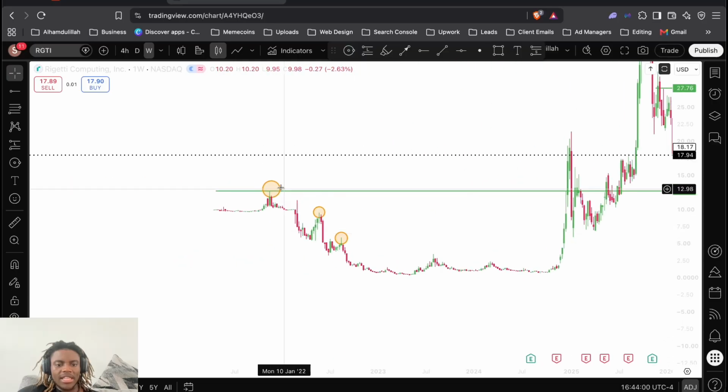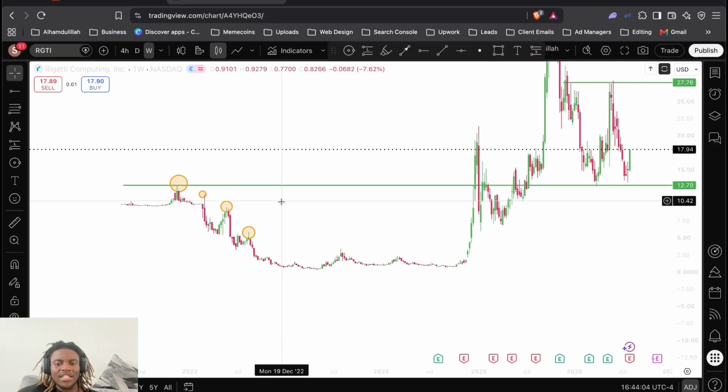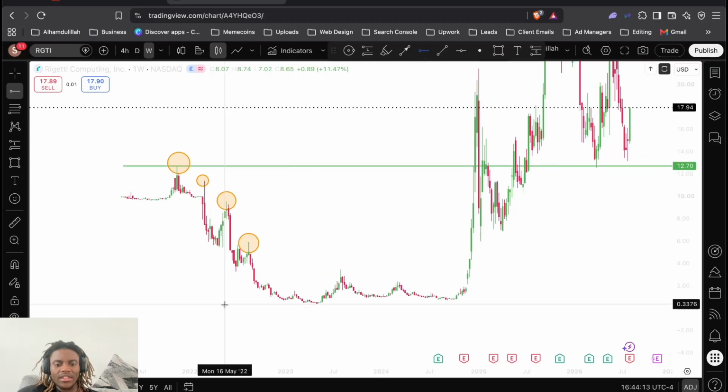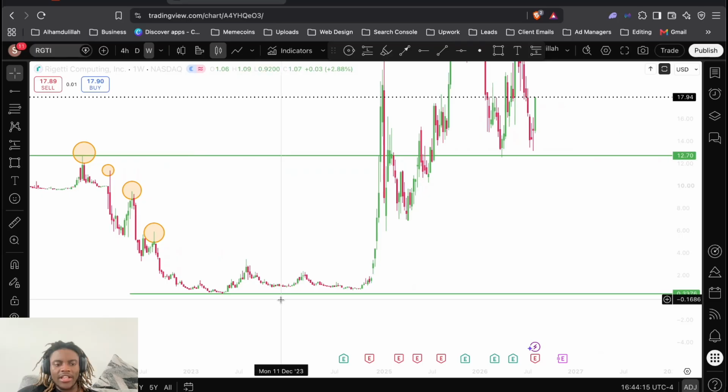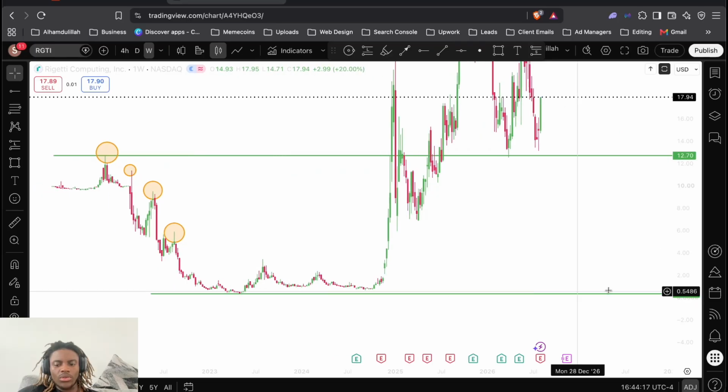Resistance is these top points where price decides to fall downwards. Pay attention to these. Then the market decided to come down and bottom out at this area here. This is the lowest point the stock ever went to, 0.336.